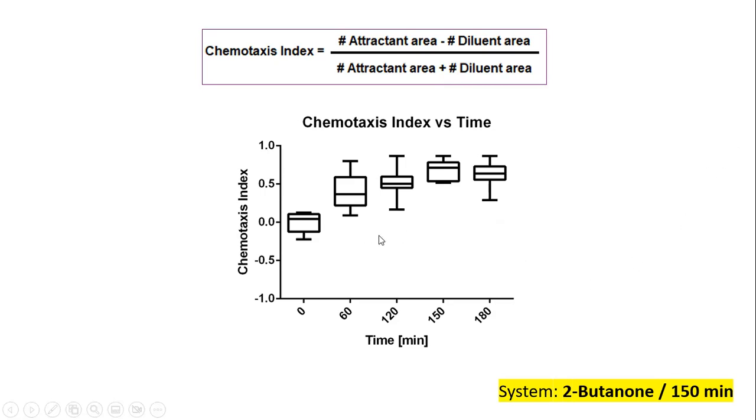As you can see in this image, the highest chemotaxis index occurs at 115 minutes and then begins to decrease slightly. It is for this reason that we selected this as the minimum time for the following test.